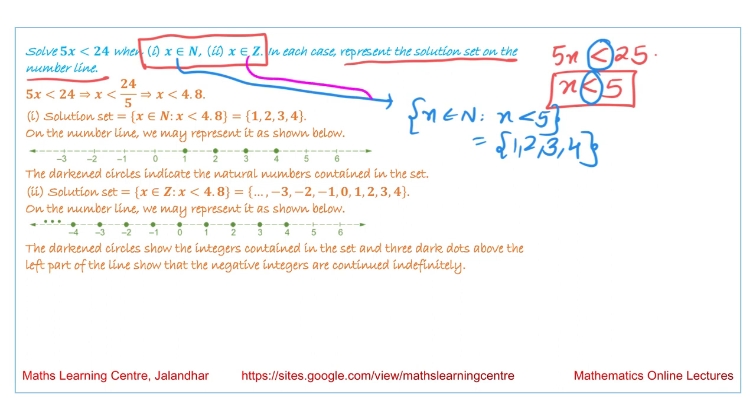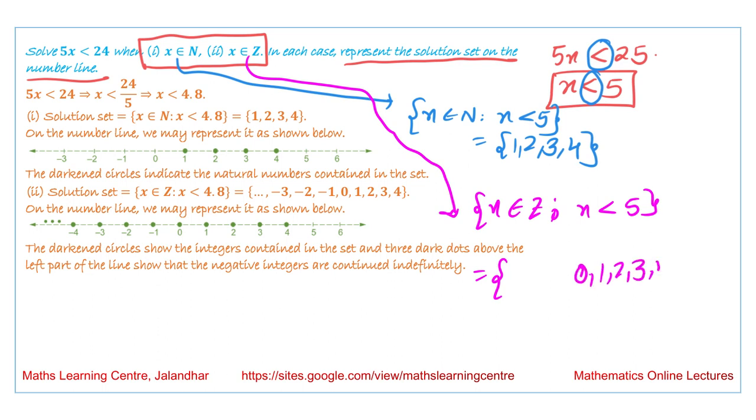In this second case, we are saying x belongs to Z and we have x is less than 24 by 5. So, the solution set we have is 0, 1, 2, 3, 4, then minus 1, minus 2 and so on.